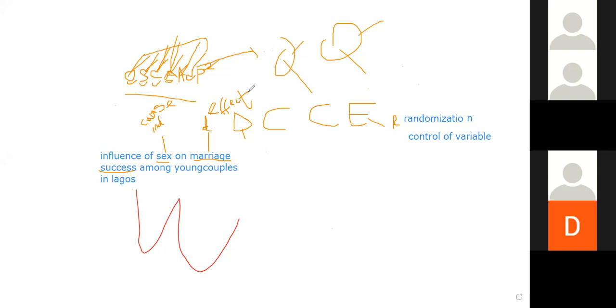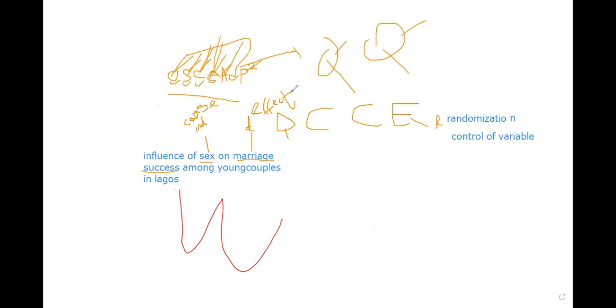That is subjective; that is your personal opinion. If you don't have any child in marriage, does that mean it's not successful? To some extent, but that is your opinion.